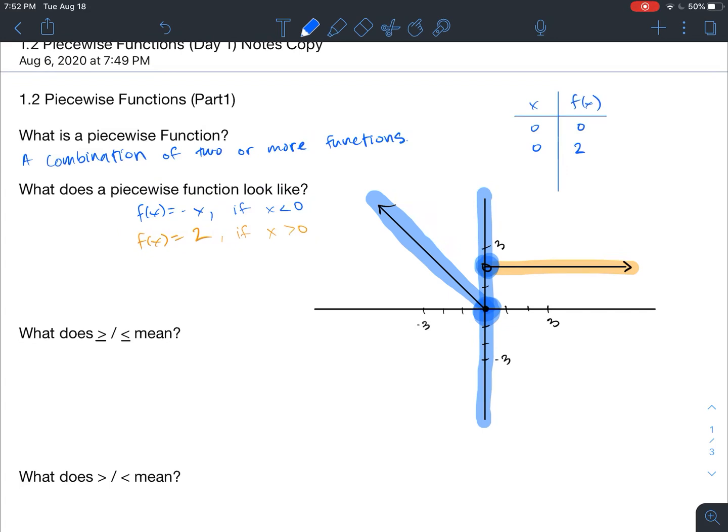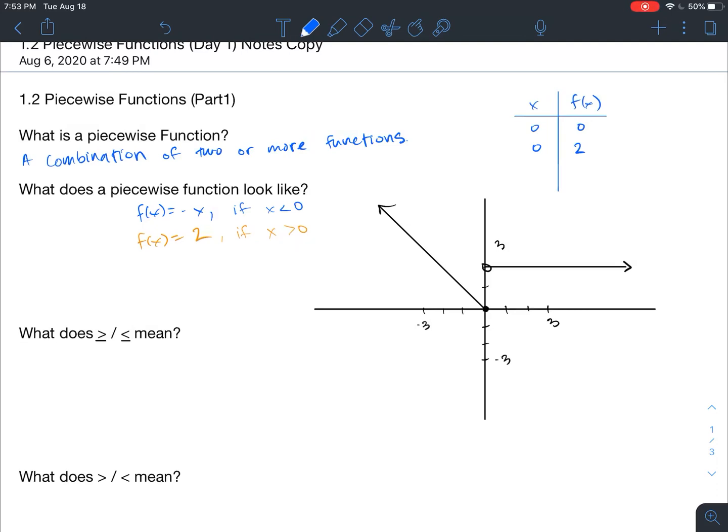And so you might have noticed that here we have a closed circle and here we have an open circle. So that indicates where our output lies and where it belongs at this x value. So where we have the break right here, we have to signify where that value belongs.